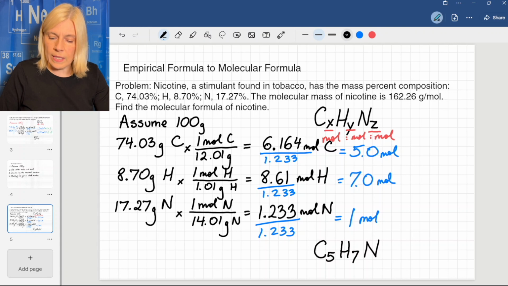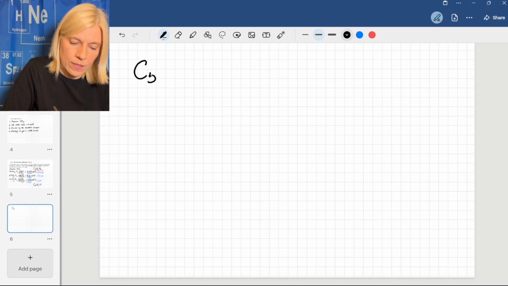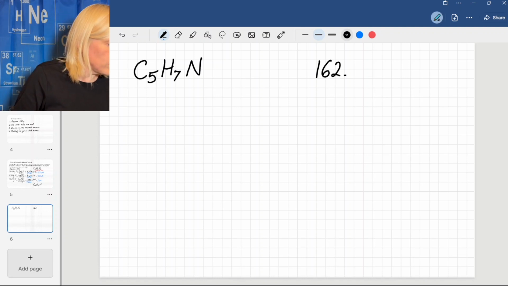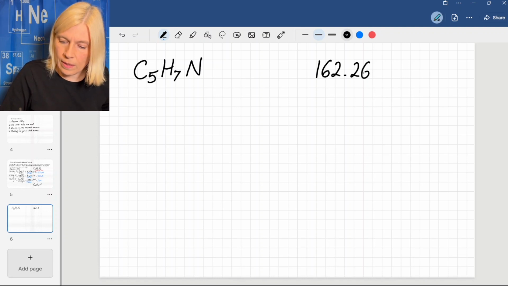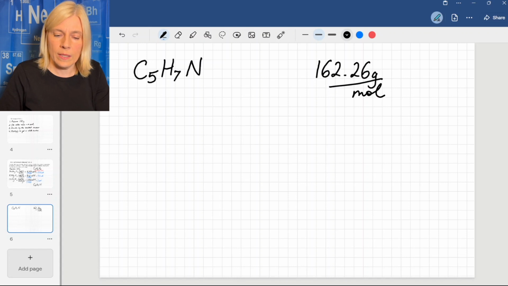Here is my empirical formula. But we want to find the molecular formula. So let's rewrite it: C5H7 and N1. And my molecular molar mass was 162.26 grams per mole. With the empirical formula, you can multiply by a whole number and get the molecular formula.